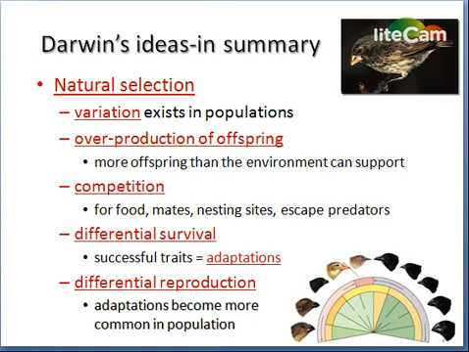This competition sets up the population to have differential survival. Those with the most successful traits, which we term adaptations, are the ones more likely to survive, which then leads to differential reproduction, meaning that if you survive, then you live to be able to reproduce.